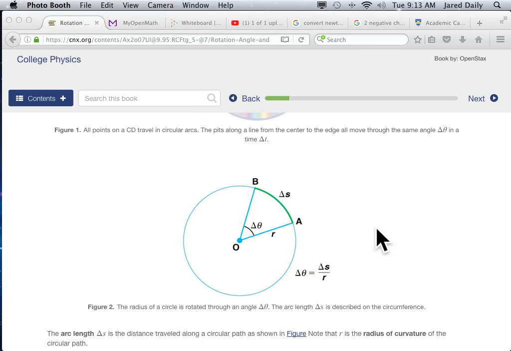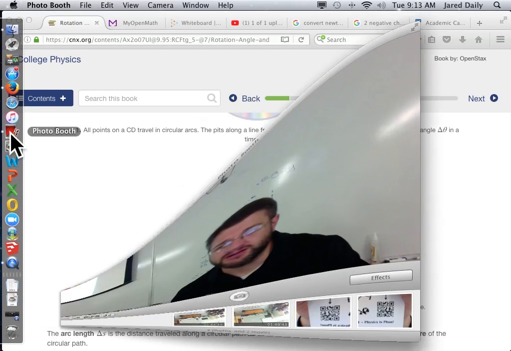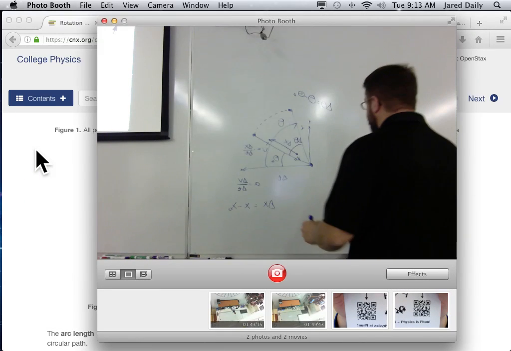It's actually simpler than that. Radians is the definition of a circle. Plain and simple. What is the definition of a circle? The definition of a circle is this. Let's go back to my camera here really quick so I can show everybody. The definition of a circle is this.